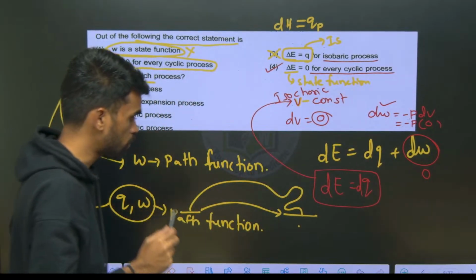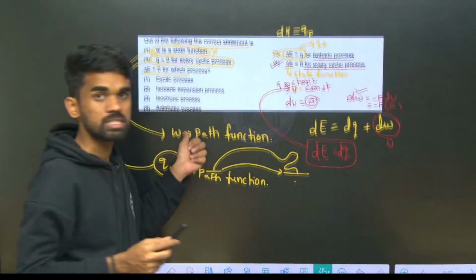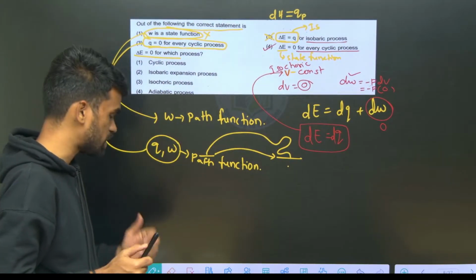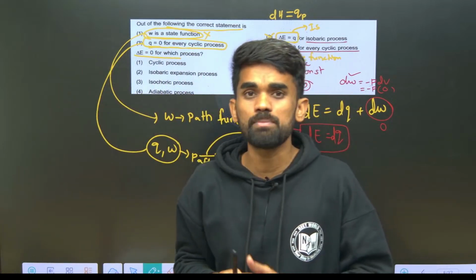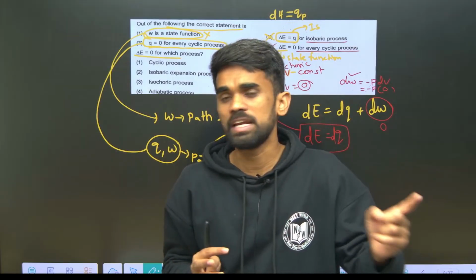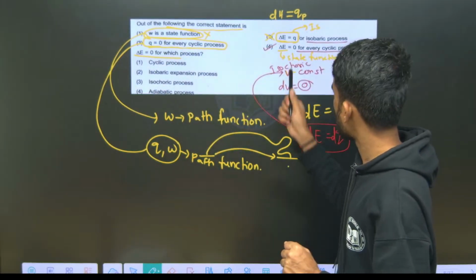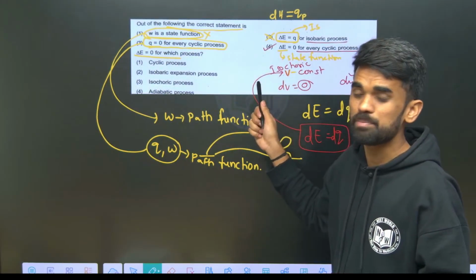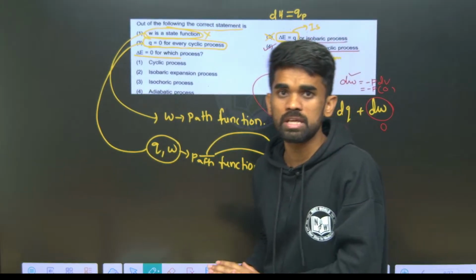Now you need to remember what state functions and path functions are. State functions depend only on the initial and final state of the system, but not on the path followed to reach the final state from the initial state. So state functions are independent of the path followed, while path functions depend on the path followed by the system during the process.